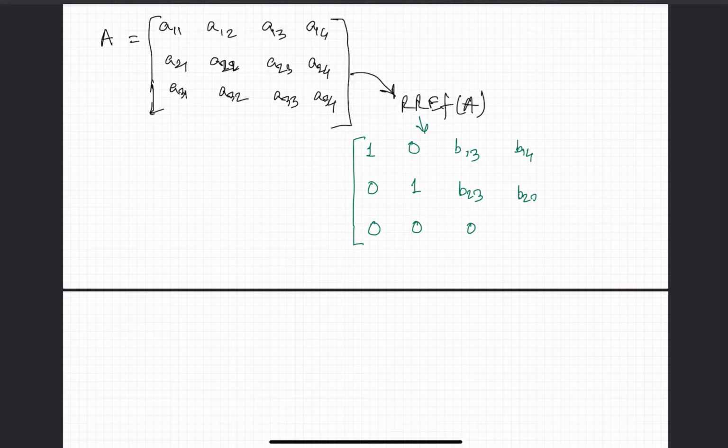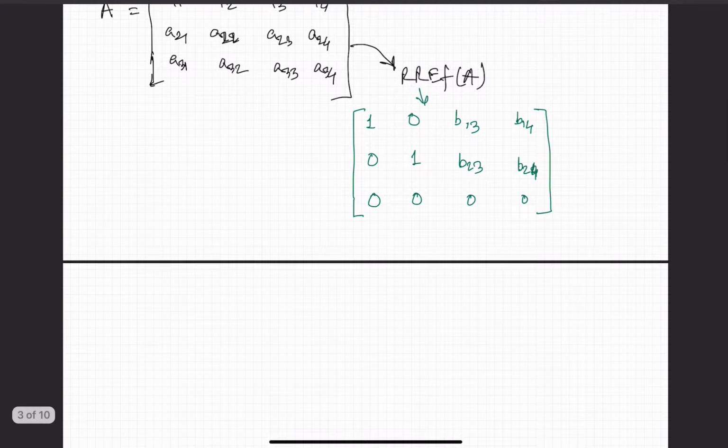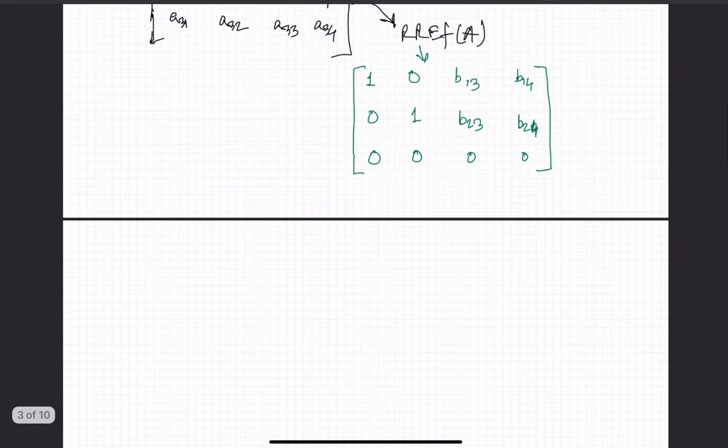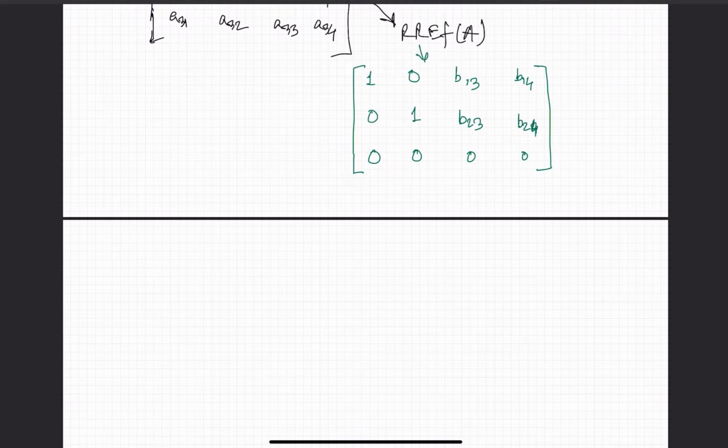I'm just trying to generalize an example, not by putting any particular value. So if this is the reduced row echelon form of A, by having this matrix we can see that these are two basis vectors. These vectors are linearly independent of each other, but we don't know about this one.